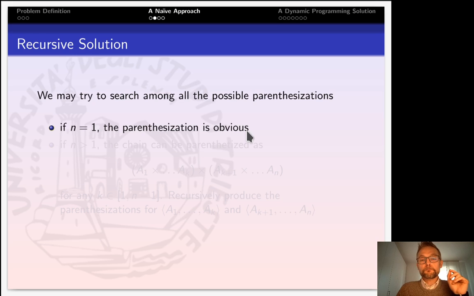If n is equal to 1, so if the number of matrices in the chain is 1, the parenthesization is obvious. Of course, we don't need to do anything. It's clear what's going on.